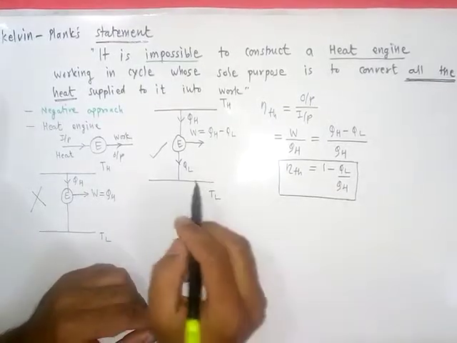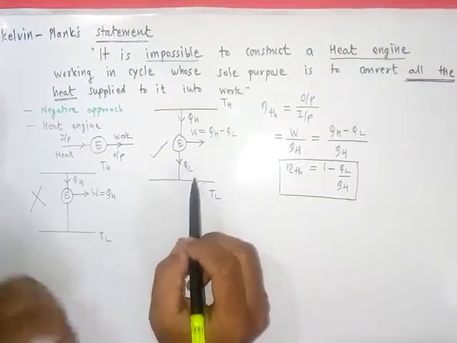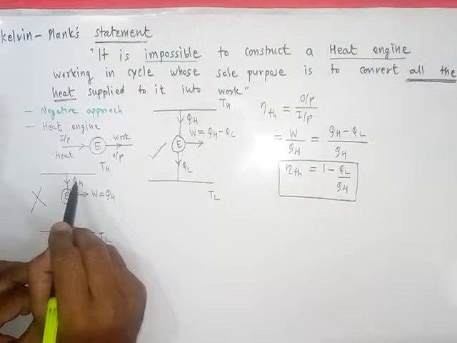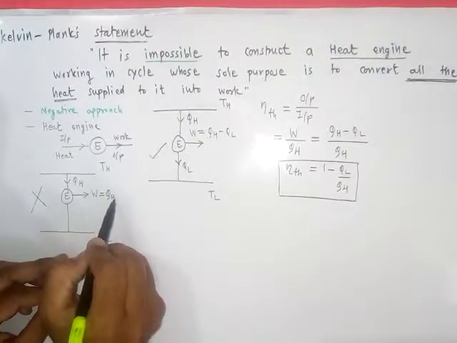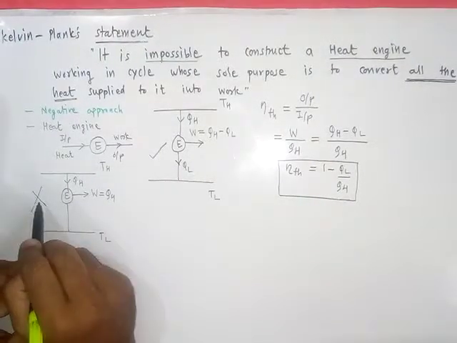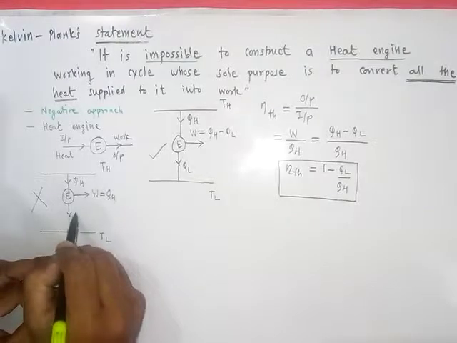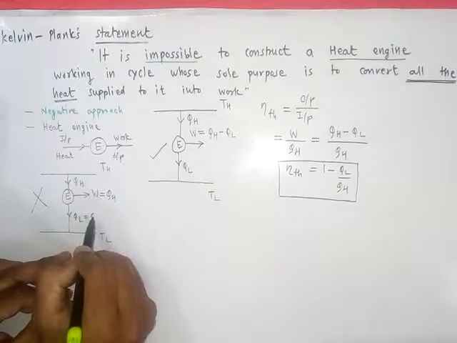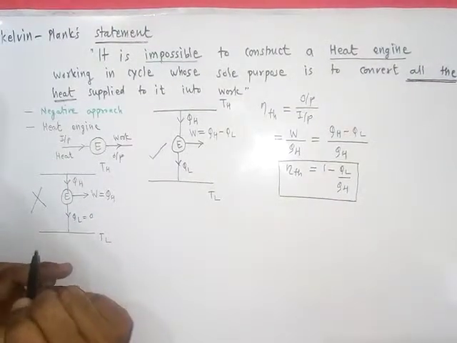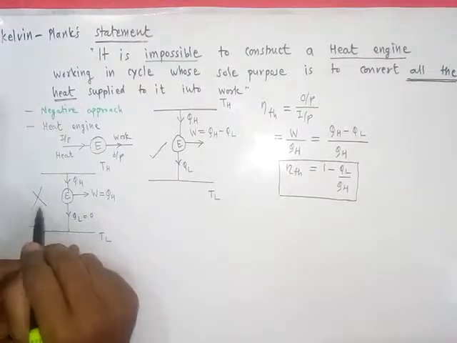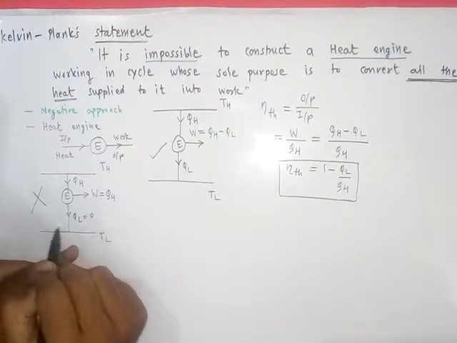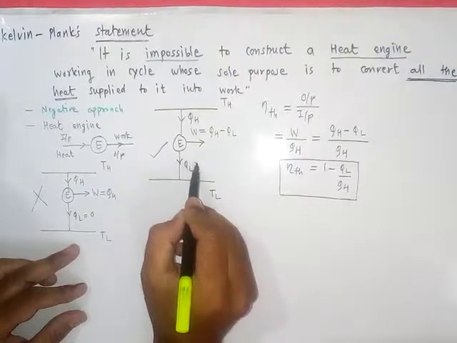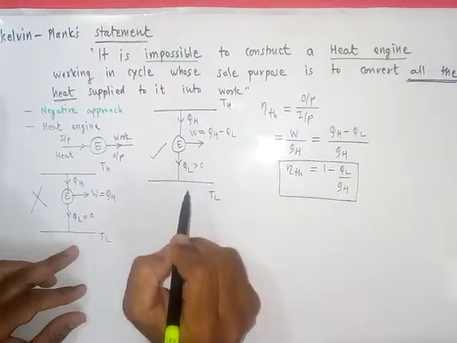Again, if we take all QH converted to work, which is impossible, that means in this case QL is 0. QL being 0 is not possible, so QL is always greater than 0.